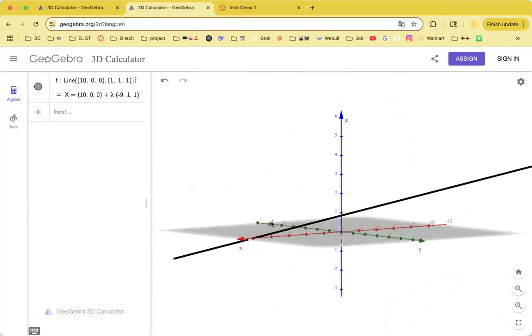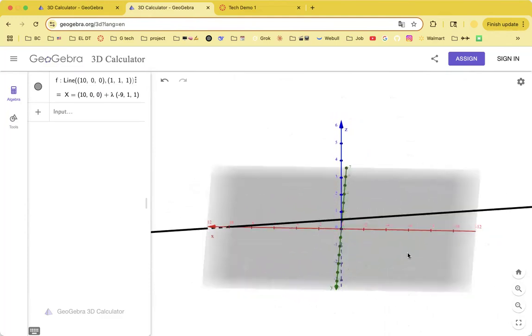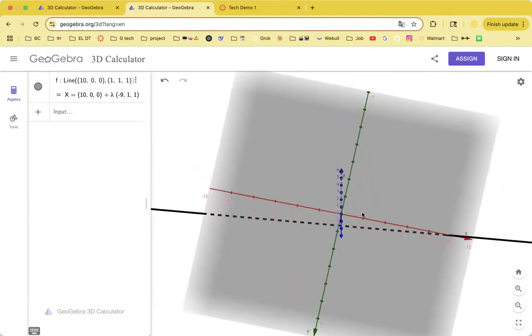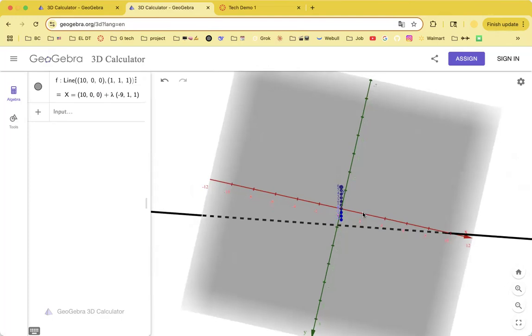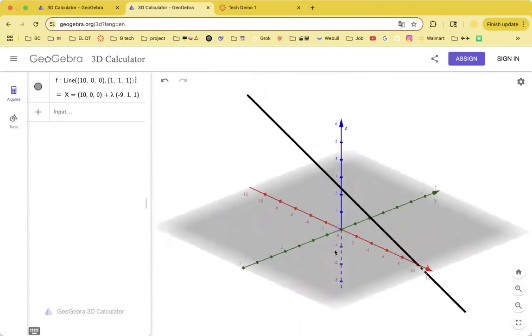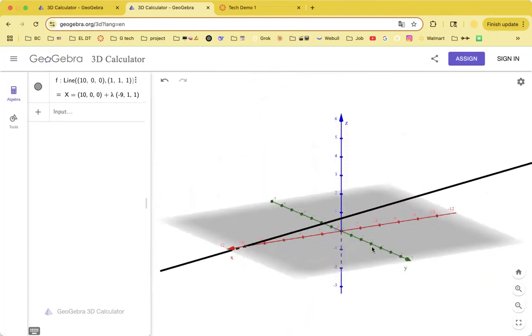But this one is the 3D perspective. From the bottom, it shows like that. All right. If you just put it like this with the command saying line, GeoGebra automatically creates the parametric line in the 3D space.